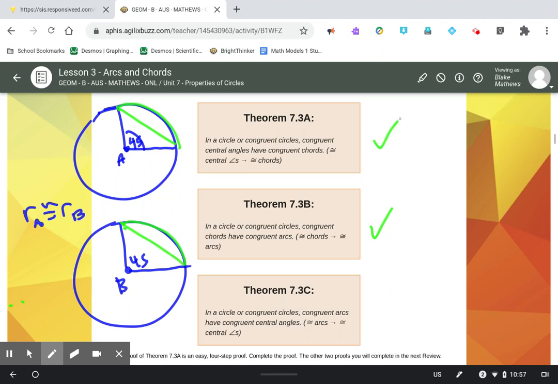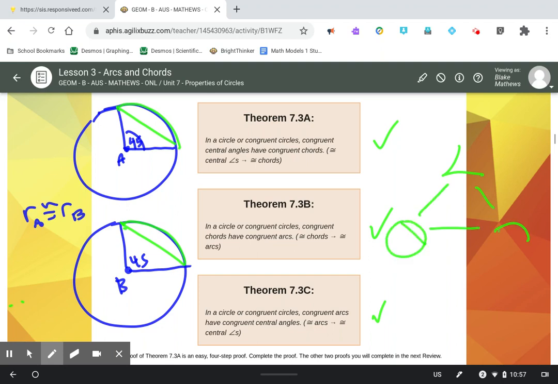The chords are congruent. And then the same thing is true. So if I know that the arcs are the same, then these chords are the same. So what I'm saying is that if you have two circles that are the same size and the angles are the same, then the arcs are the same. And if the angles are the same, then the chords are the same. Right?